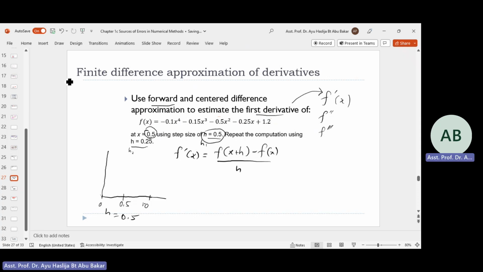So we need to find what is f(x plus h) over here. x plus h is what? x is 0.5 plus 0.5, correct?